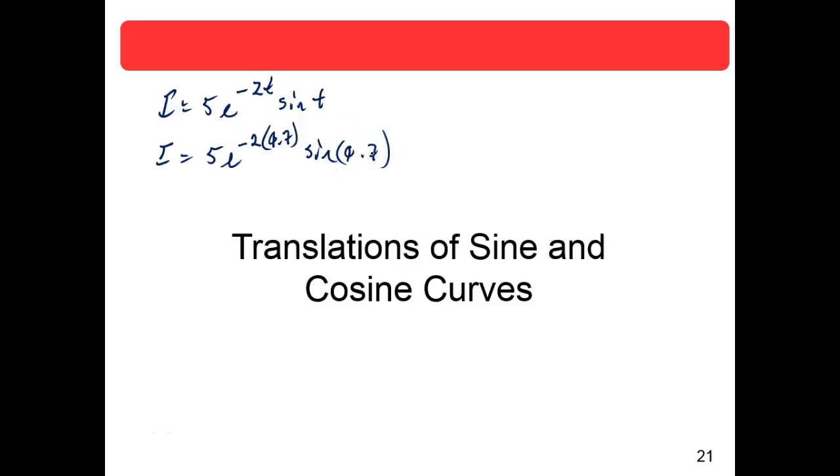Now, what mode do you need to be in? Radian. You don't see any degree symbols anywhere. Radian mode. And you just do the math. 5 e to the minus 1.4 times the sine of 0.7.